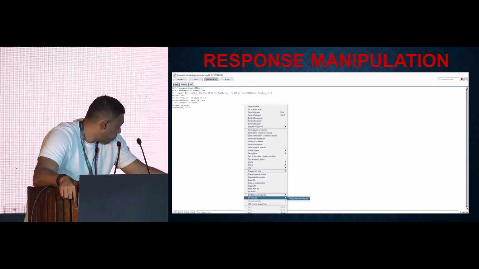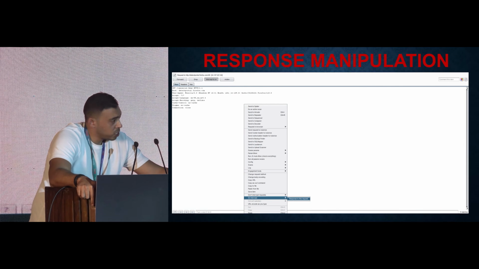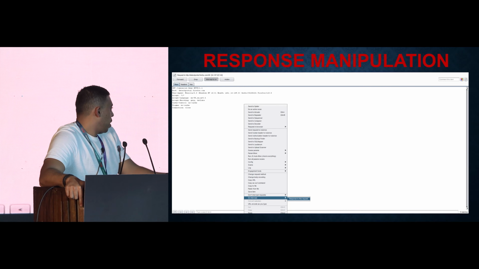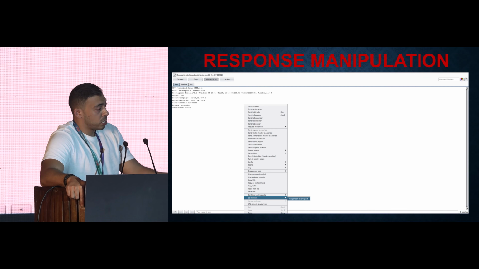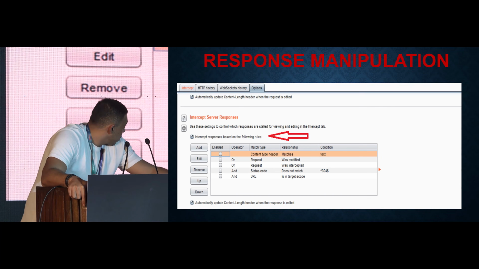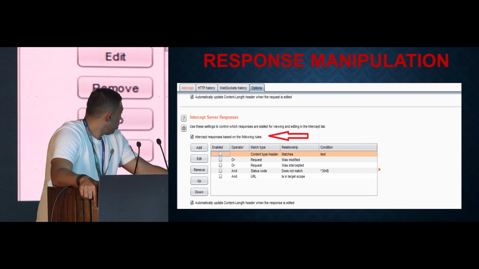As a start, how can we edit the response itself? There are two methods. The first one is simply to intercept the response of this request. The second one is from proxy options, intercept responses.